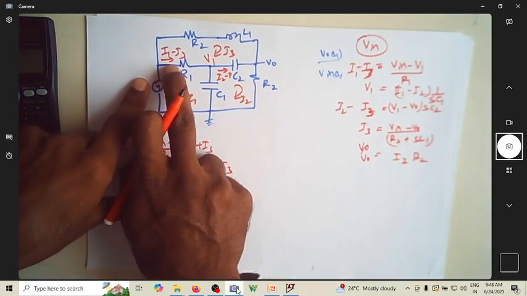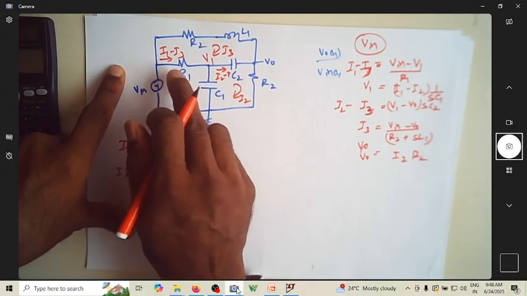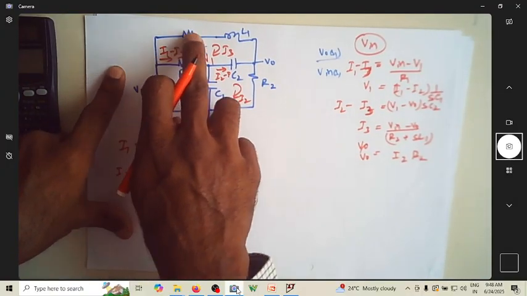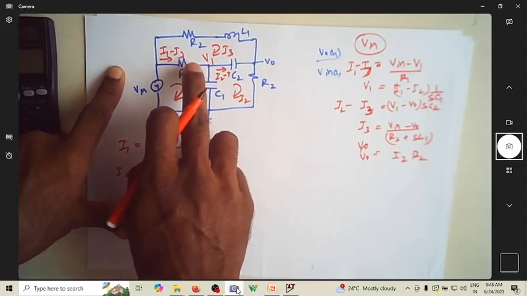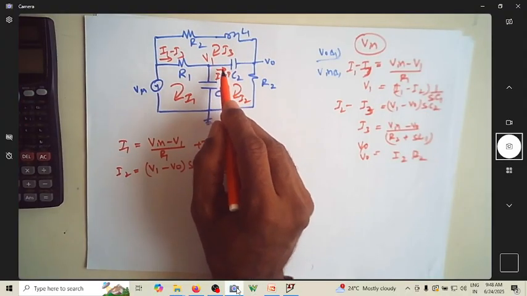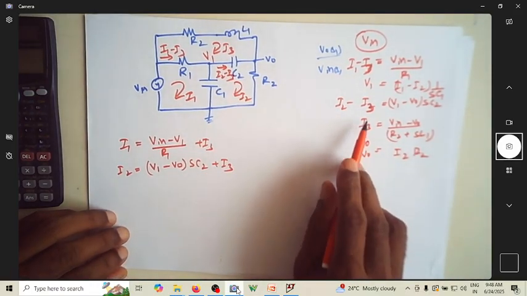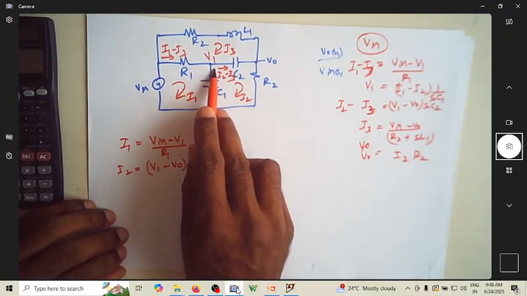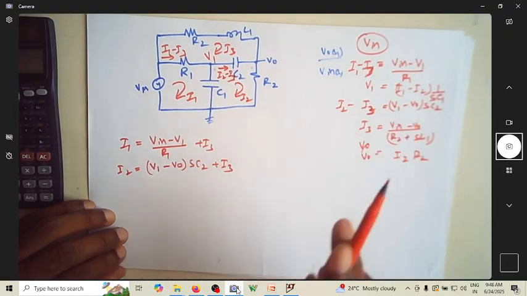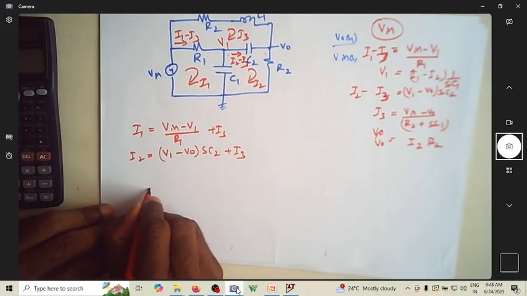The current flowing through this R1 is not only I1. This current is I1, whereas this current we assumed as I3. So typically the current flowing through this is I1 minus I3. Here it is I2 minus I3. That's why I have to write I2 minus I3 as potential difference divided by the impedance. That's what it is.